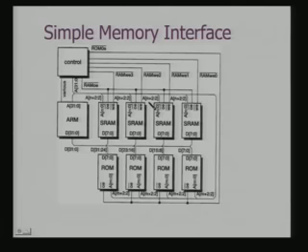Let us see how we can connect a simple SRAM and a ROM module. This is a typical ARM core, and this is a control logic that I can build. I can connect these SRAMs. These are all 8-bit SRAMs, and these are all 8-bit ROMs.